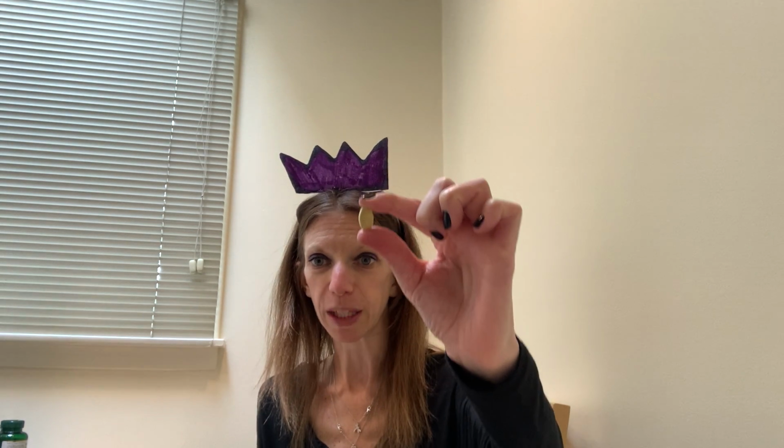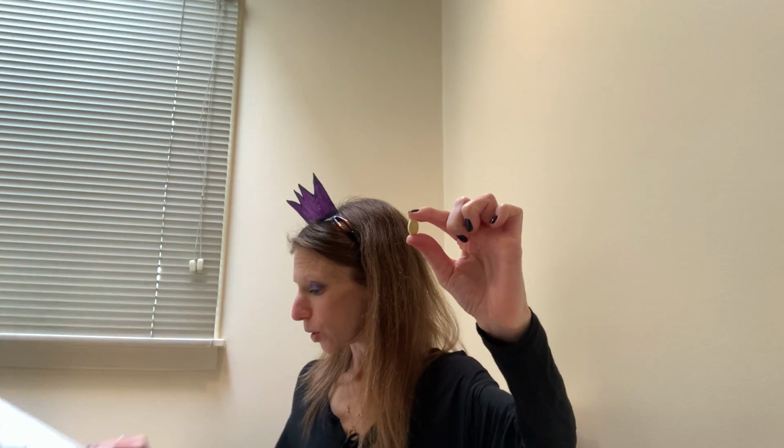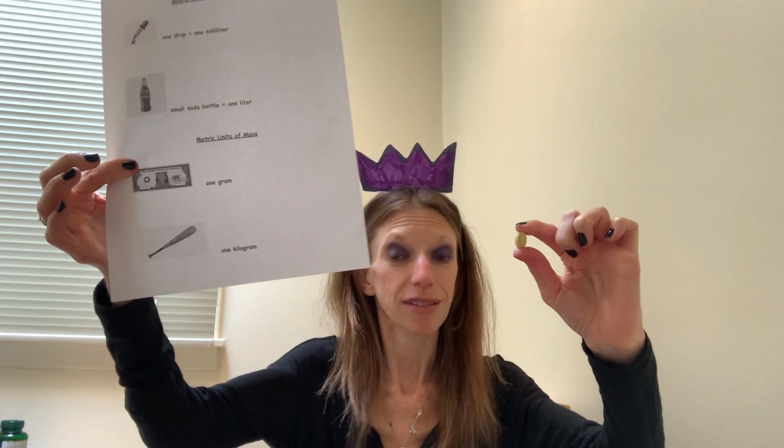Let's see how we can measure or weigh. Hold on, I'm taking it out. One little vitamin. A vitamin's very lightweight, so would we want to use a gram or a kilogram? Definitely a gram. Something very small and light, you want to use a gram.